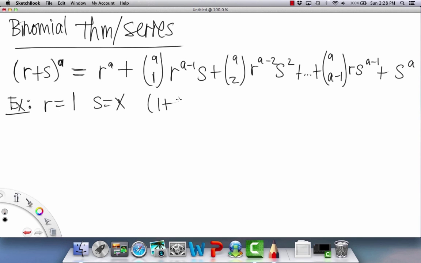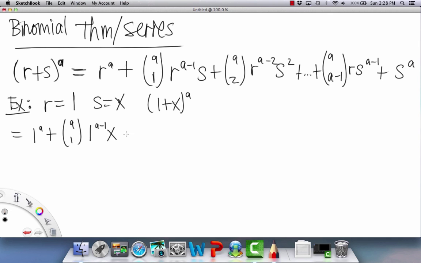So our r is 1 and x is s. This is going to be equal to 1 to the a, plus a choose 1 times 1 to the a minus 1. We're just plugging in 1 for r, and x for the s spot.